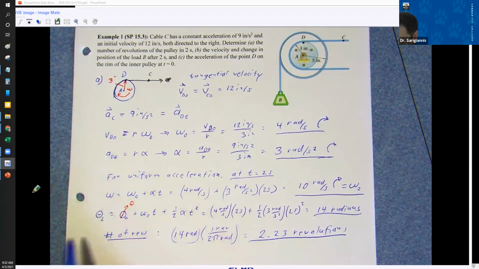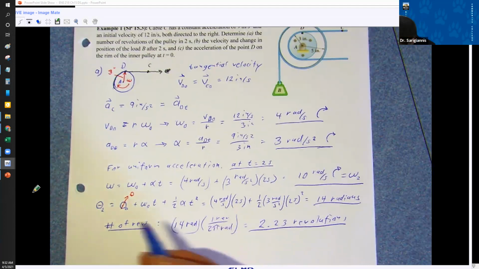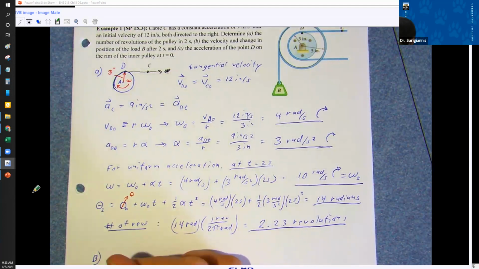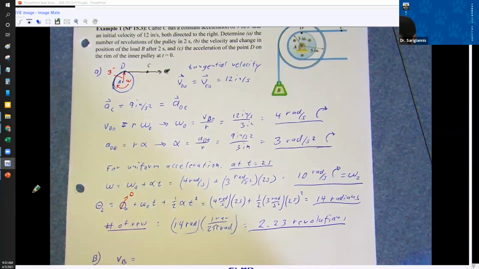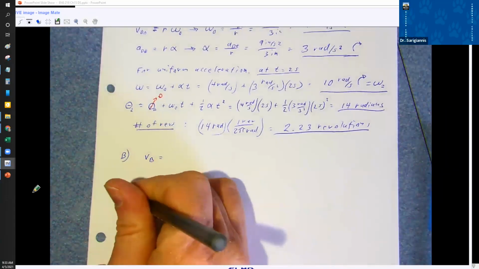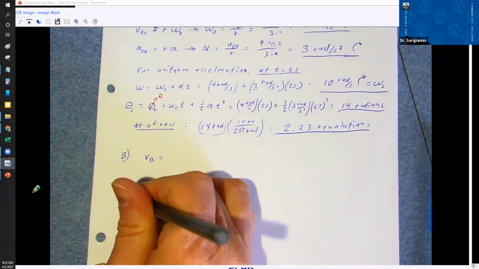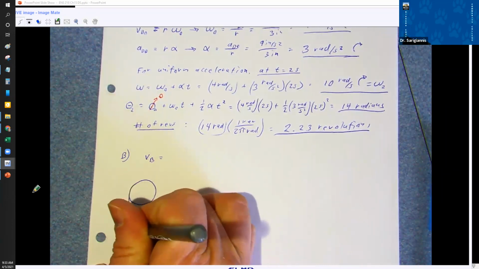So for part B now, we do need omega information. Part B: the velocity and change in position of the load B after 2 seconds. Let me draw this out here. We're not given a letter, but I'm going to put one in here.